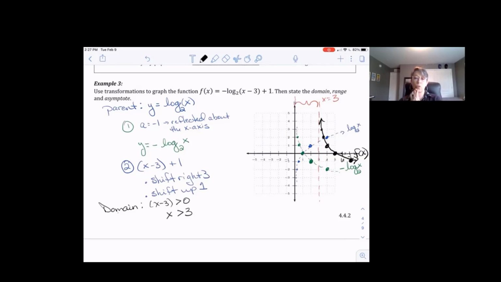Our entire graph is to the right of that vertical asymptote of x equals 3. Our range does not change because it's going to continue to increase towards the left and decrease towards the right. So it goes from -infinity to infinity, and we have a vertical asymptote at x equals 3.